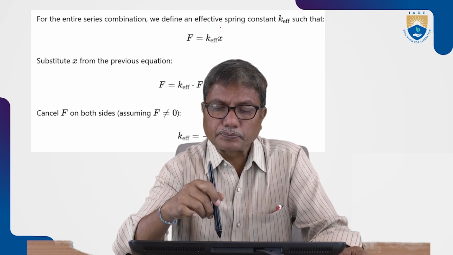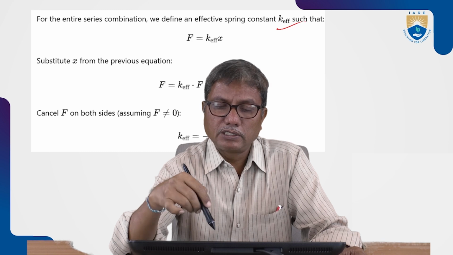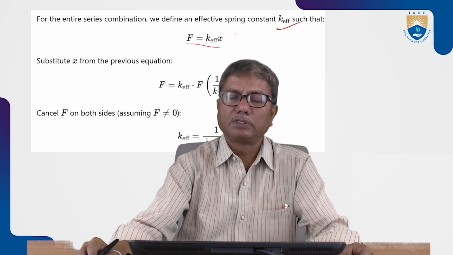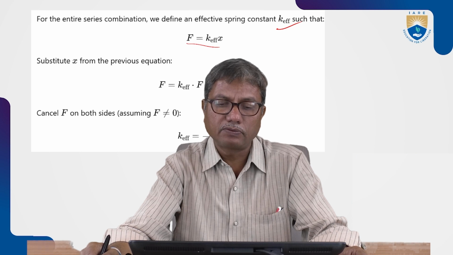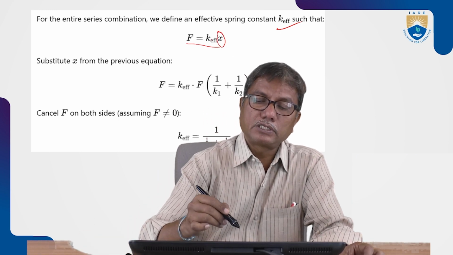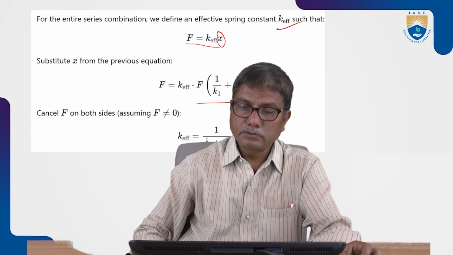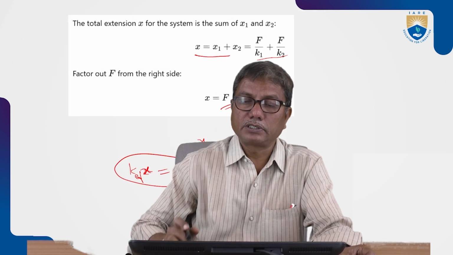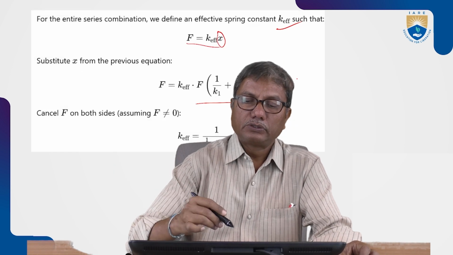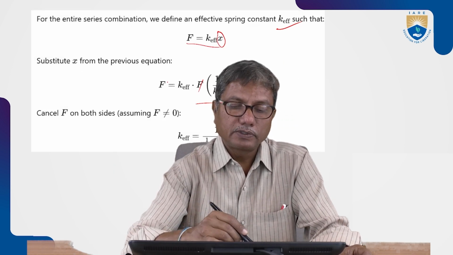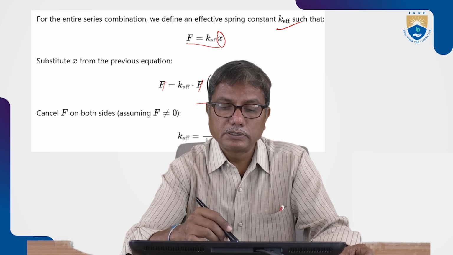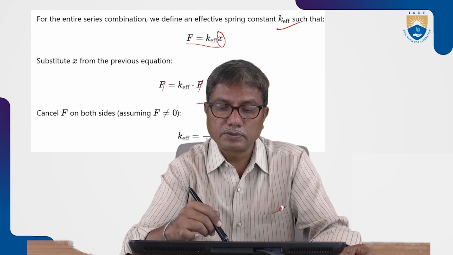So if K effective or K equivalent, as we have discussed, F is equal to K effective into X. We replace X now by F into 1 by K1 plus 1 by K2. So here F gets cancelled. The K effective is 1 by the sum of 1 by K1 plus 1 by K2.